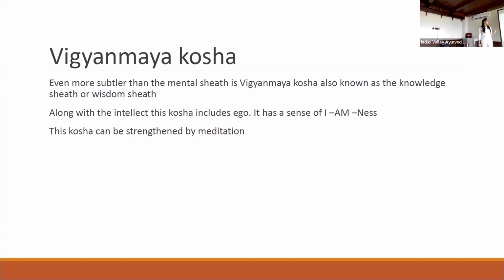Now come to the Vijnanamaya kosha. First, you should try to control your physical layers, Annamaya kosha, Pranamaya kosha. Then finally, you can balance your Vijnanamaya. This is related to the higher intellect. Through this Vijnanamaya kosha, we always take decisions.